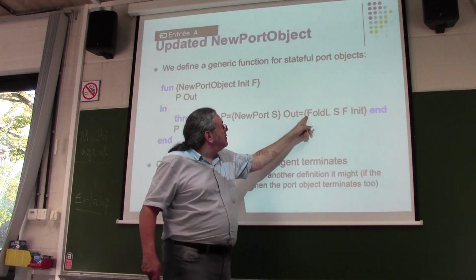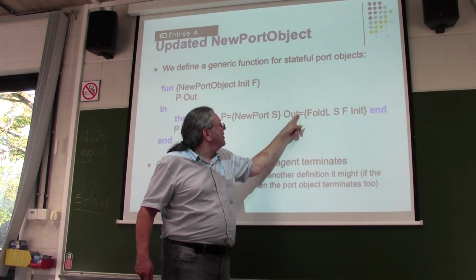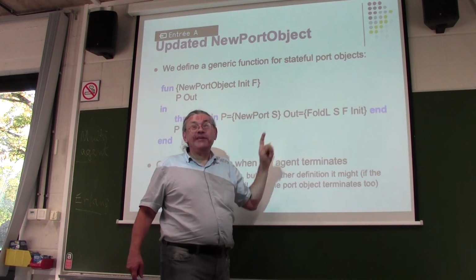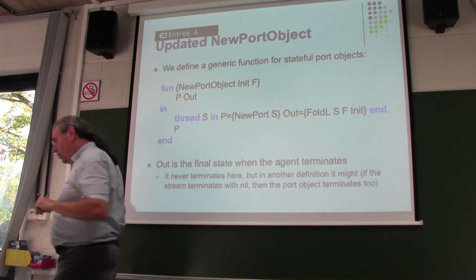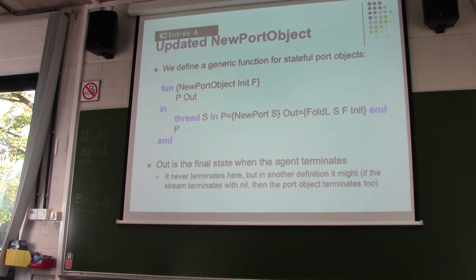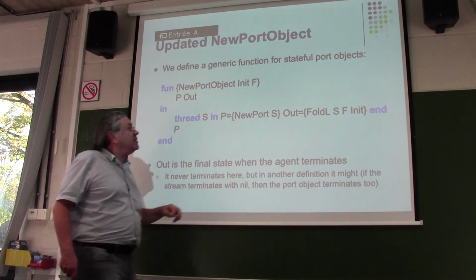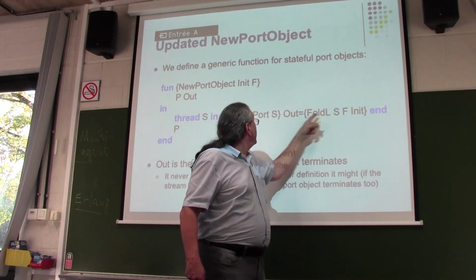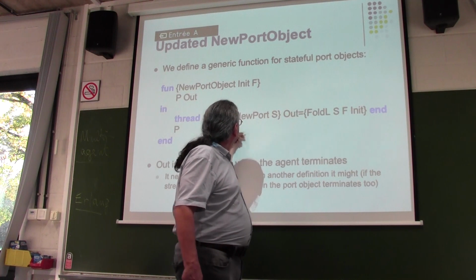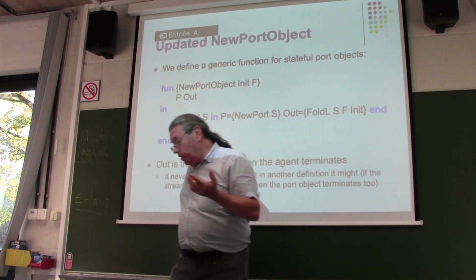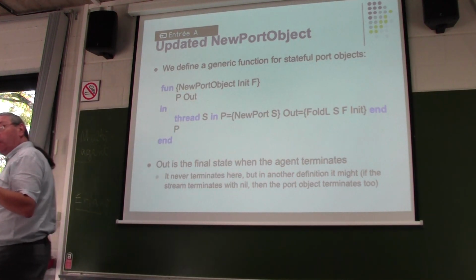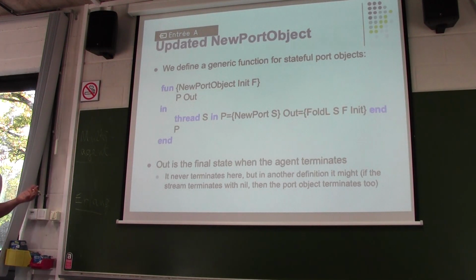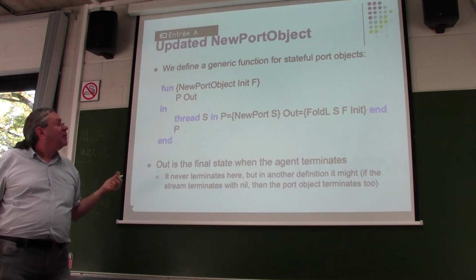So what is the result of this function here? This out value, what is that? Well, the fold will only terminate when this list ends in nil. How can it end in nil here? Well, it ends in nil when the port object terminates. That would be termination of the port object.